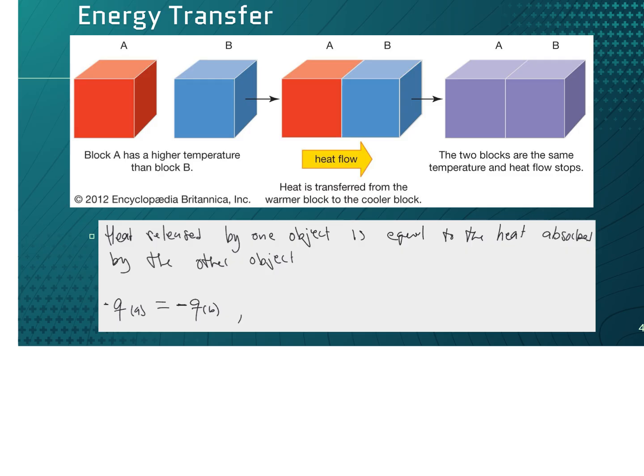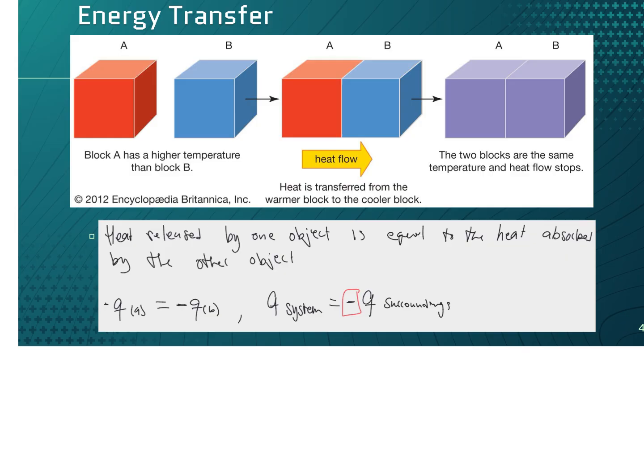If you want to relate that to what we were seeing in our previous videos, Q system is equal to negative Q of surroundings. That is basically saying that if I have some sort of a system, if that is releasing heat into its surroundings, it's going to be equal to the same amount of heat that's absorbed by that surroundings, and we just represent that by a negative sign right here. So Q system is equal to negative Q surroundings.